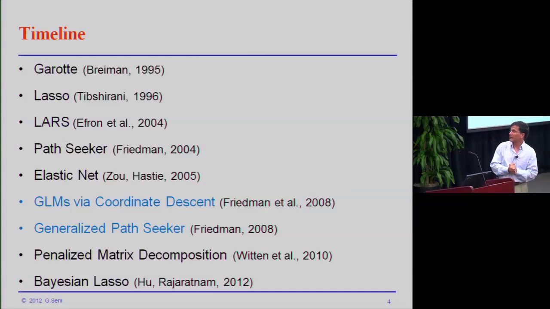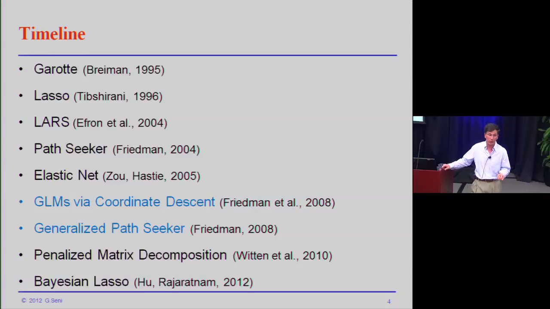And then a couple of more recent references. The PMD algorithm is for doing matrix decomposition with a sparse singular vector. That's a very interesting work too. And then the Bayesian lasso work is exploring how to compute confidence intervals around the lasso coefficient estimates.